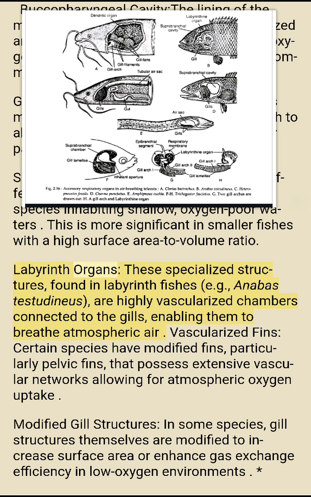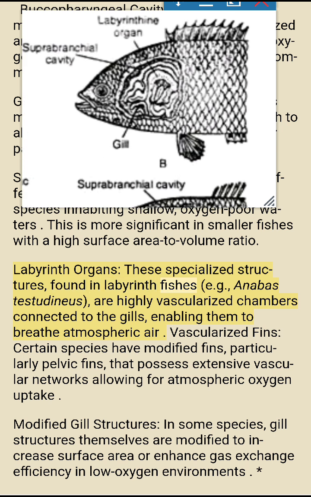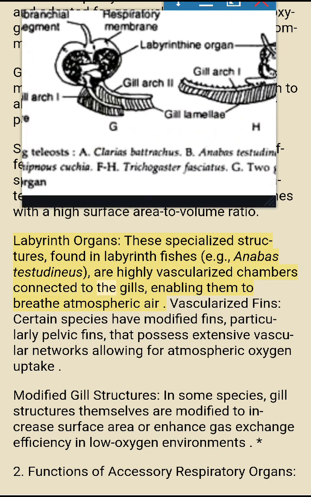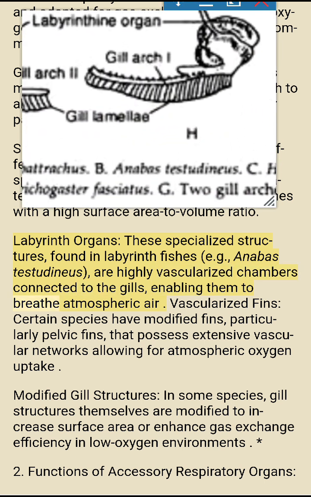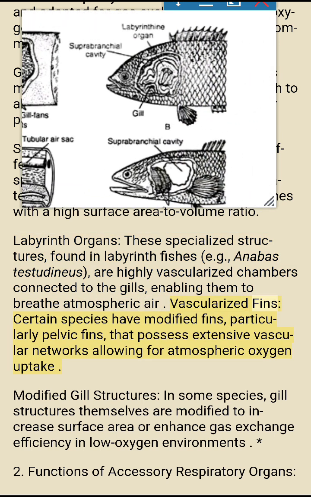Labyrinth organs. These specialized structures, found in labyrinth fishes, e.g., Anabas testudineus, are highly vascularized chambers connected to the gills, enabling them to breathe atmospheric air. Vascularized fins.